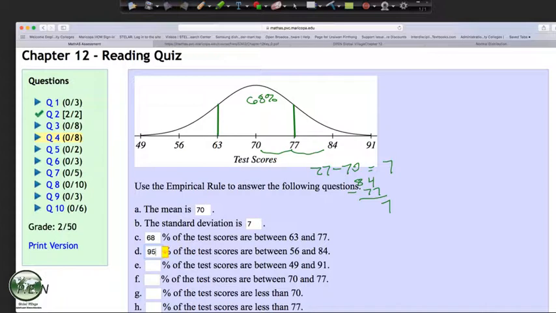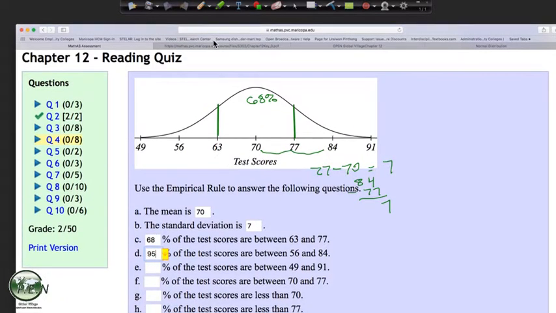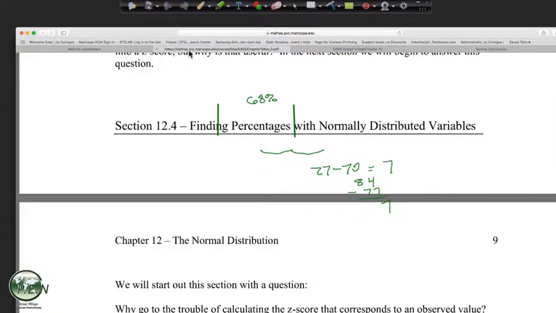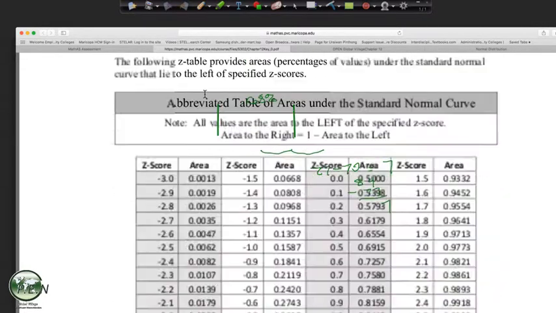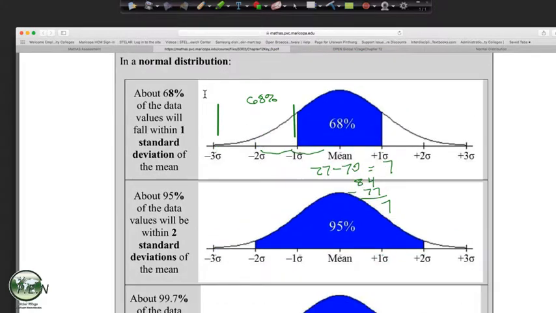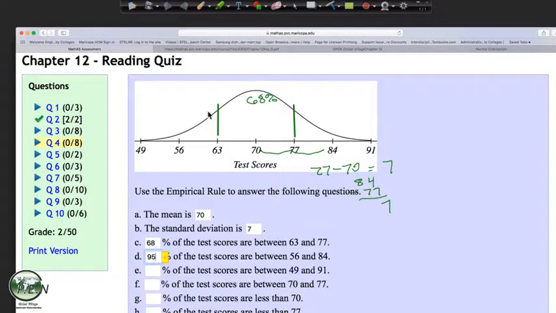It's just 3 numbers to memorize. There's a chart in the textbook. Take a look at it enough times and you've got it. Just 68, 95. And then the percent of test scores between 49 and 91, 99.7.